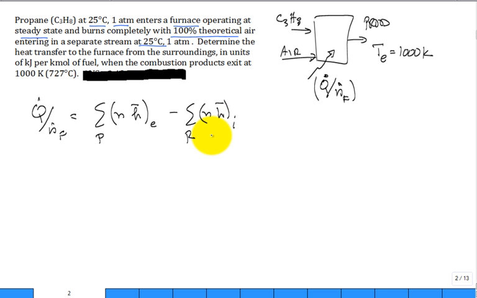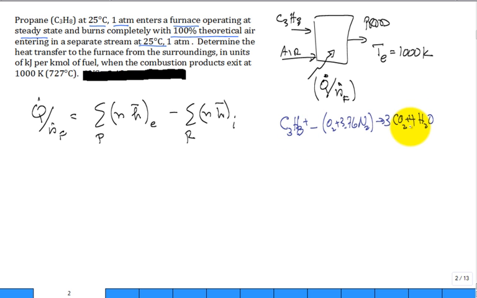Well, we have to get a balanced reaction equation. So what is our balanced reaction equation? C3H8 plus so much O2 plus 3.76 N2 goes to how many carbon dioxide? 3. How many water vapor? This is an 8 right there. 4.